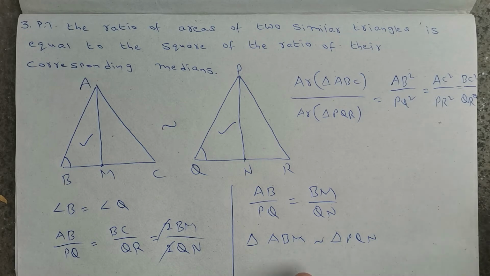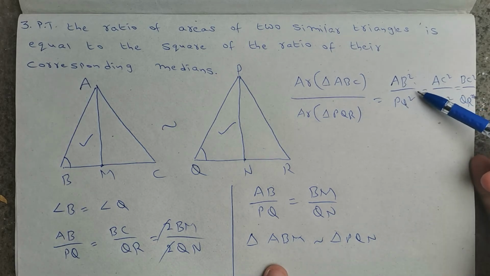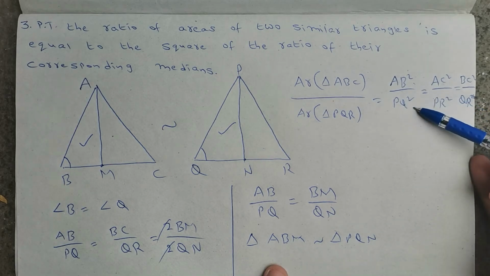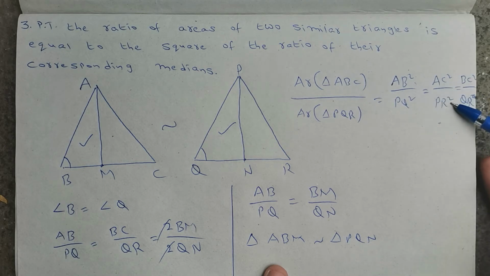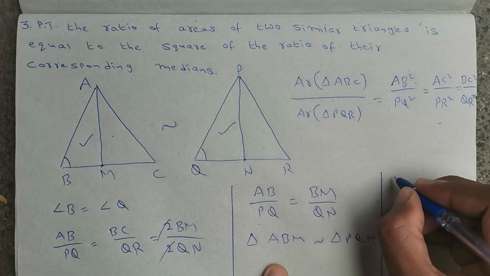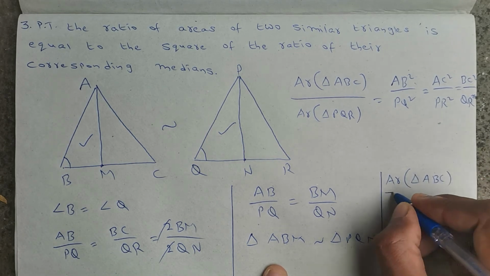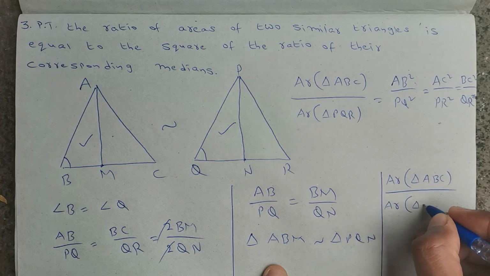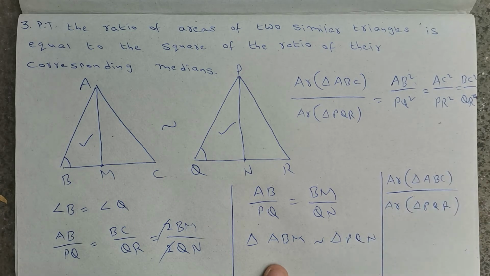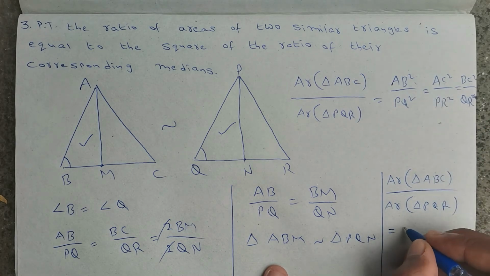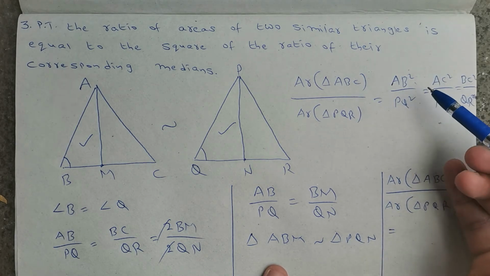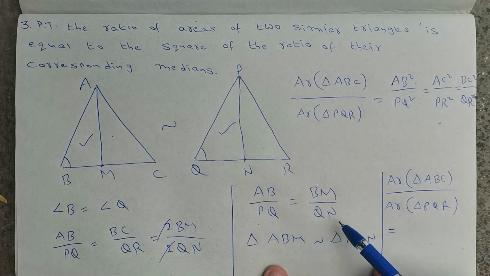Okay, now AB square divided by PQ square is equal to something given. We have no problem with that. Now, area of triangle ABC divided by area of triangle PQR is equal to AB square by PQ square, but AB by PQ is nothing but BM by QN.